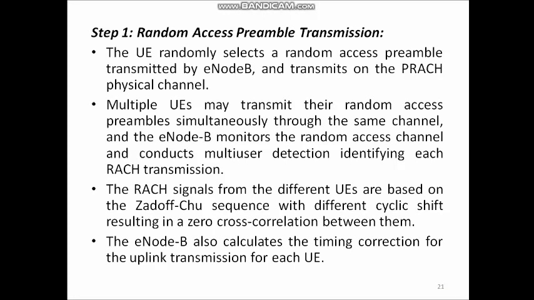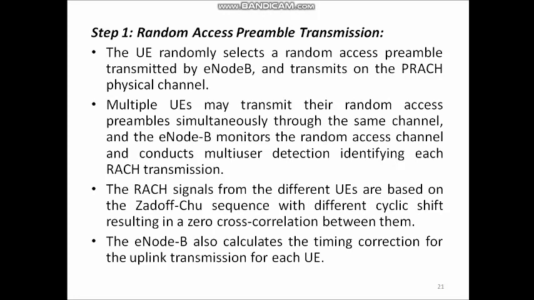Then multiple user equipments may transmit their random access preambles simultaneously through the same channel. In the given cell area there are many users, so multiple users may transmit simultaneously. Then E node B monitors the random access channel and conducts multi-user detection, identifying each RACH transmission.